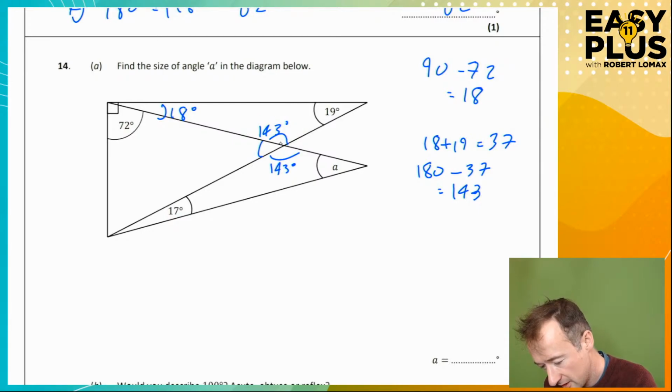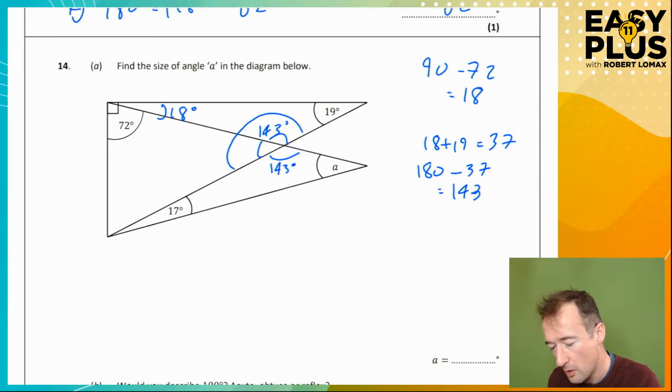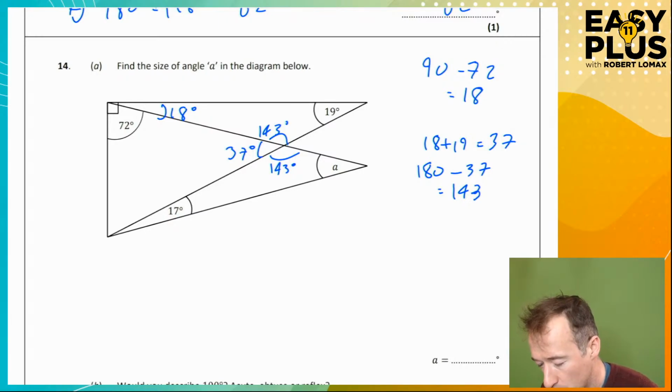You can see that that one and that one are both halfway around a circle. So on a straight line, they'd be 180 degrees, half of a circle. 143 plus 37 gives you that. And then you start to work your way around and you can see things that are the same. But I think it's a relatively self-evident rule.